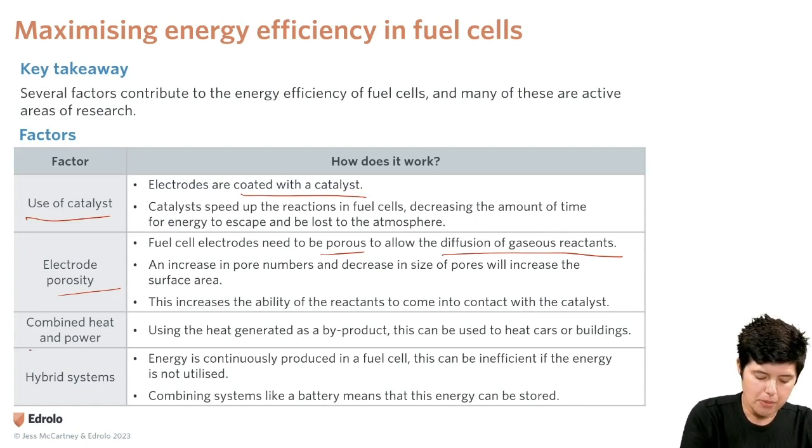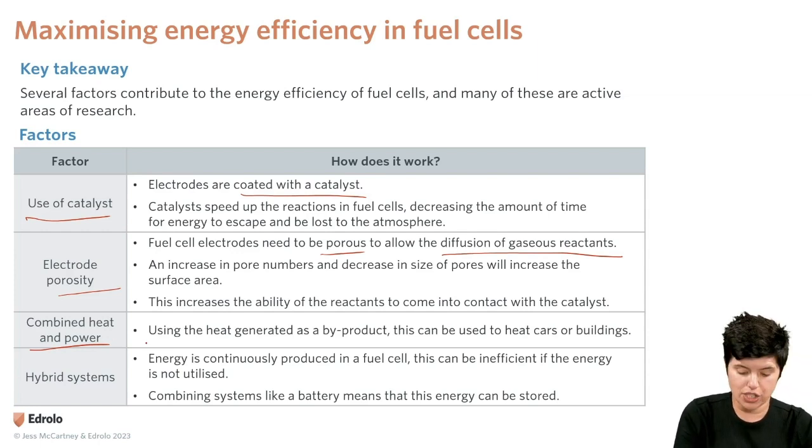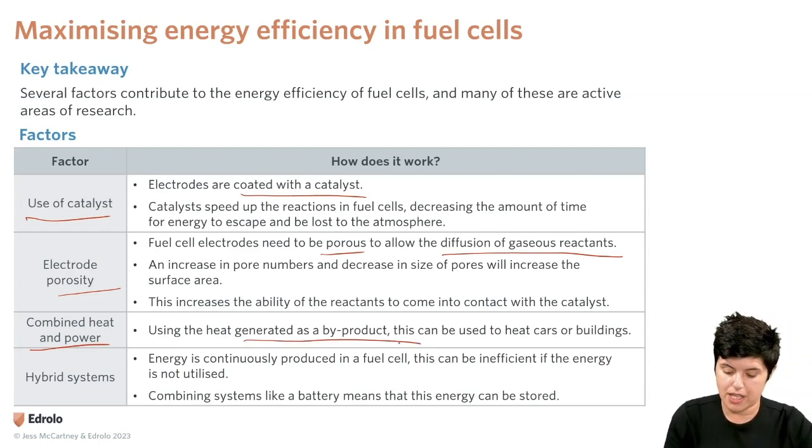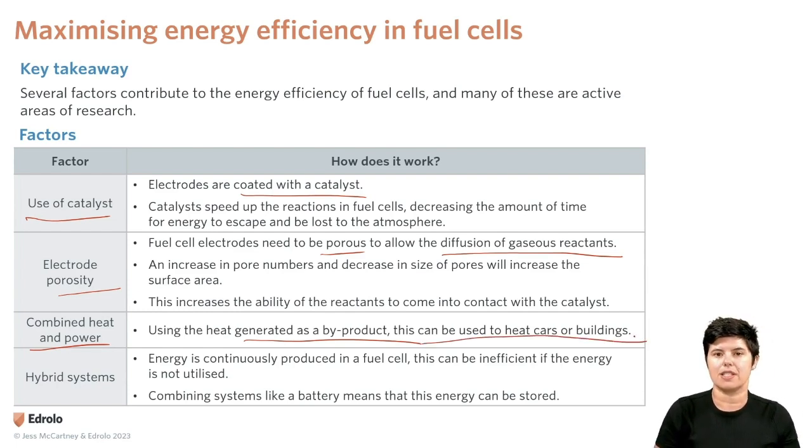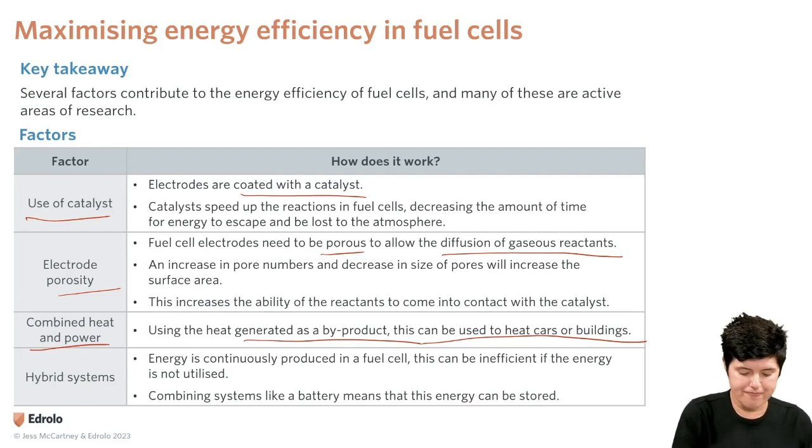Combined heat and power, so using heat generated as a byproduct, and this can be used to heat cars and buildings. So what that means is that instead of just allowing the heat that's generated to go to waste, we can use that somewhere else in the factory or in the car or in the home office or anywhere that we're using that fuel cell. So we can use that byproduct instead of it just going to waste.